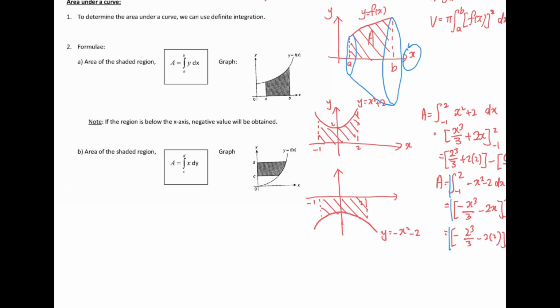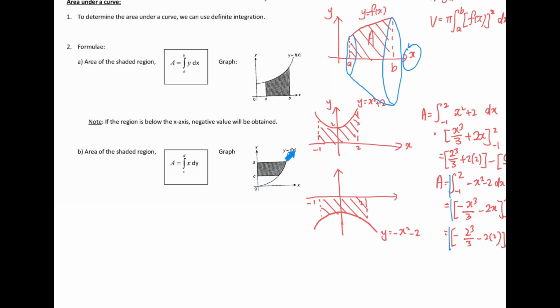Okay, now let's see more scenarios. We look at B. Area of the shaded regions. So this is the formula: area is equal to integration of x from c to d dy. So what's the meaning? You see the example here.